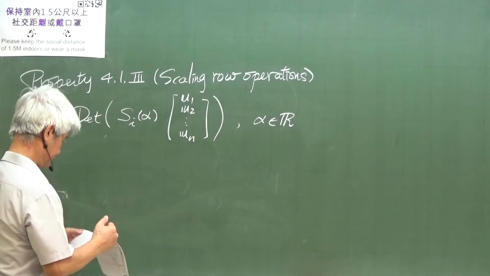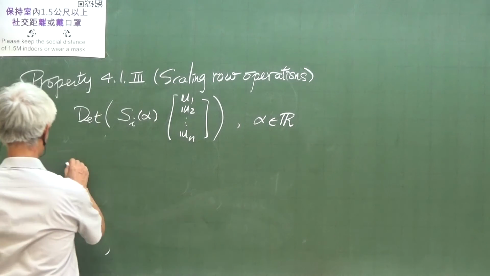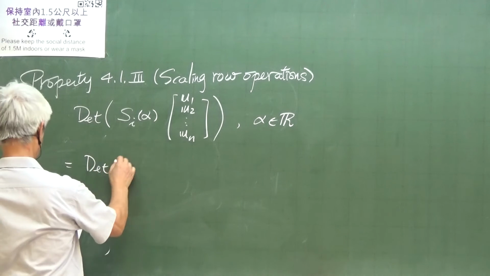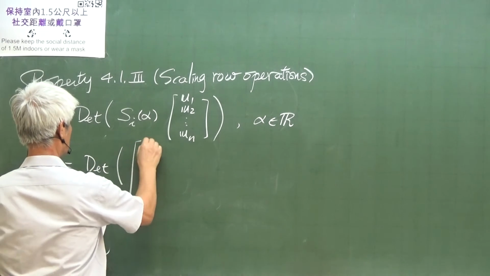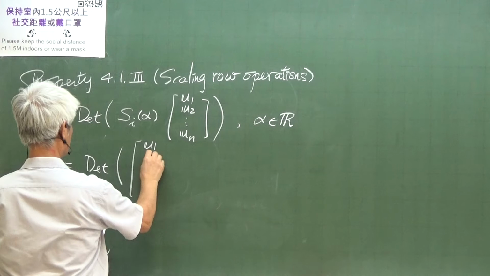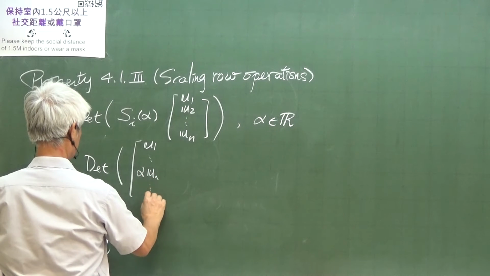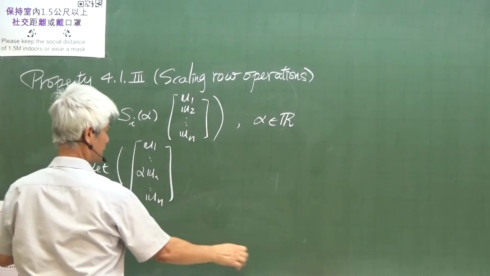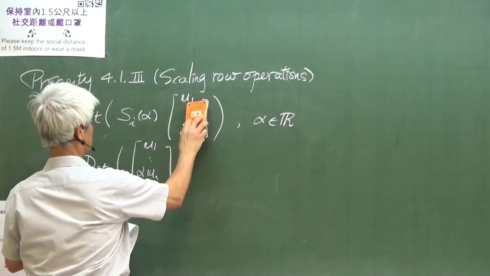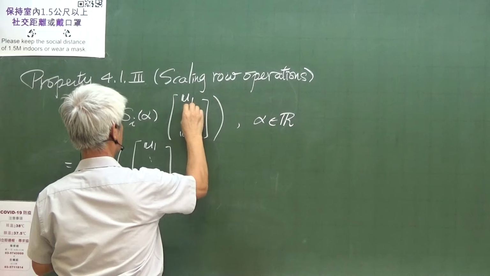So this comes to the determinant of U1, alpha Ui, Un. So probably I change a little bit.